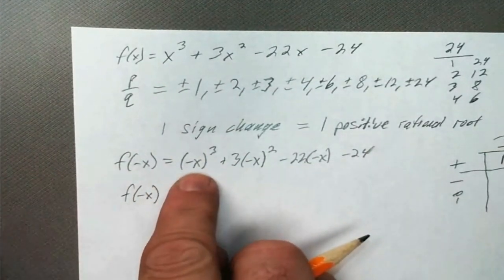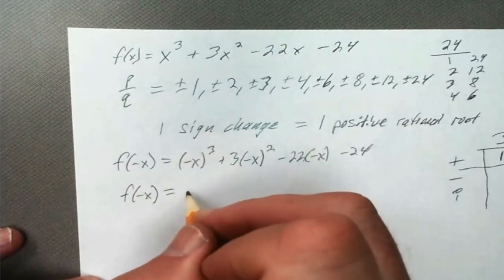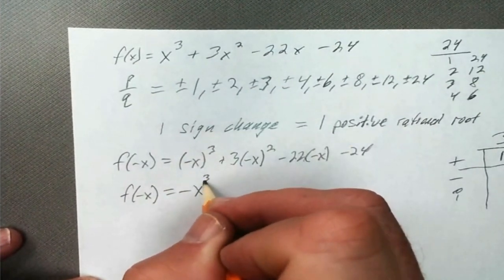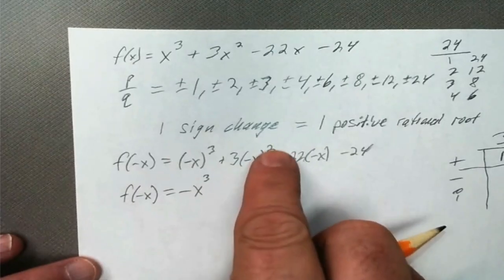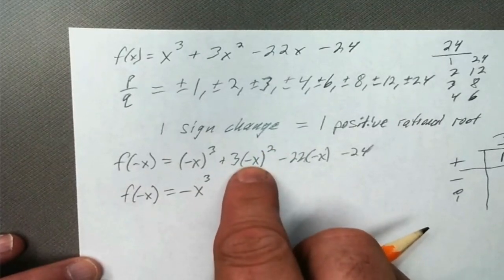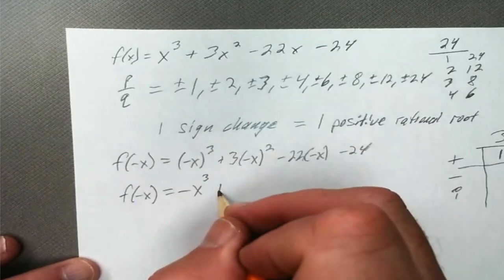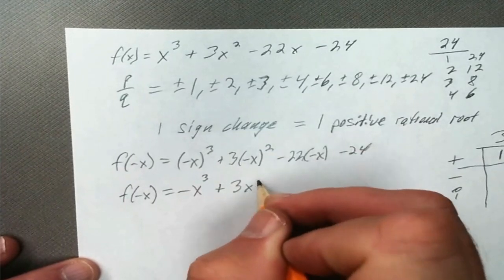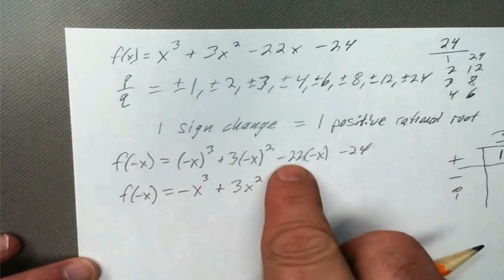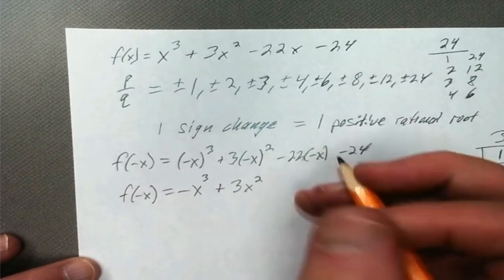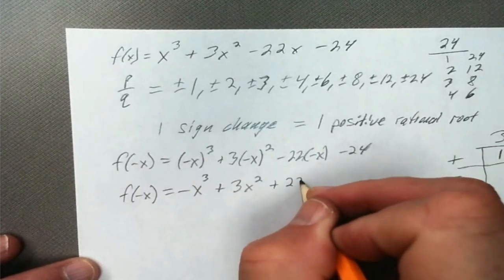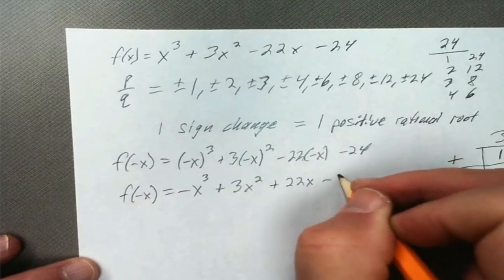Negative x times negative x times negative x is negative x to the third. Negative x times negative x, just 2 times, is a positive x squared times 3. So that's a positive 3x squared. We have negative 22 times negative x, so that's a positive 22x. And then we have minus 24.